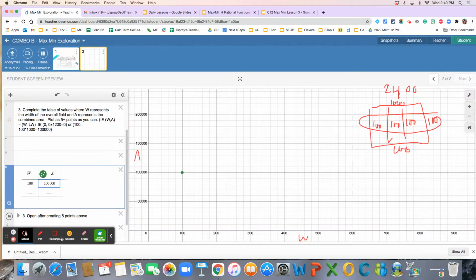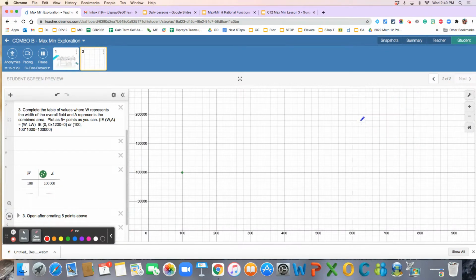I'm going to do the same thing for 200. Let's say I'm just guessing. So 200, 200, 200, 200. That'd be 800 used that way, which would mean I'd have a total of 1,600 left from the 2,400. So this would be 800.